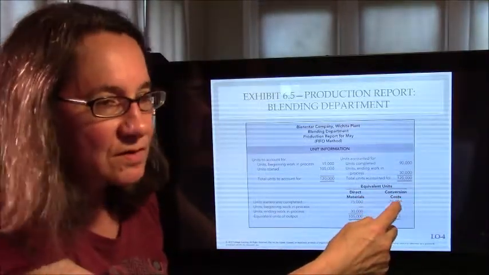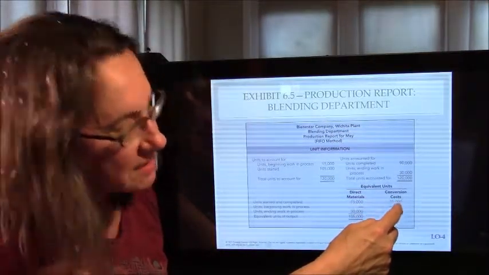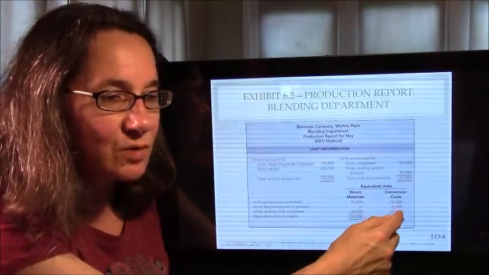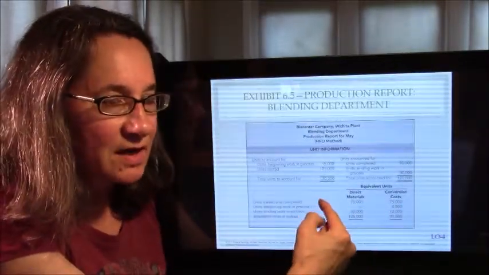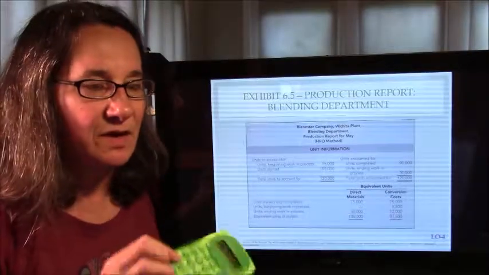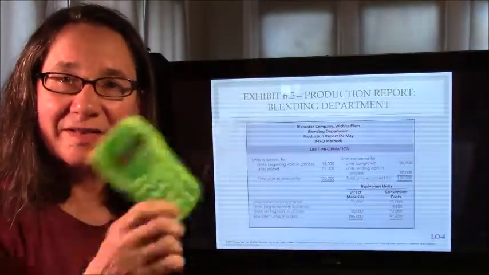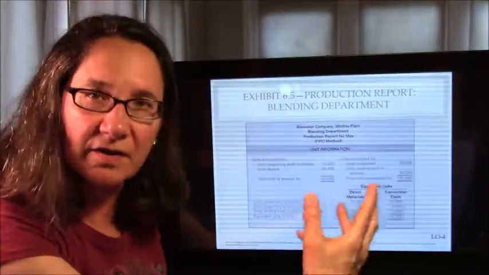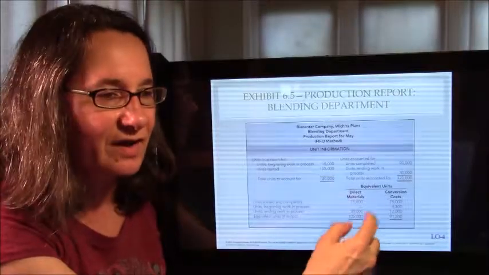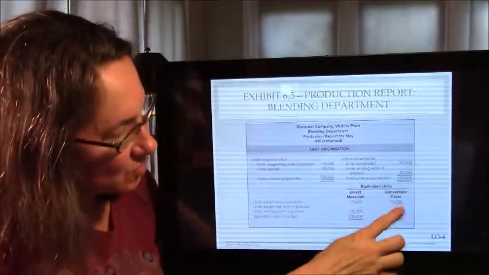You had some units that you started and completed, and then you had some units in work in process that do have conversion costs. The reason there's no beginning work in process for direct materials is because, remember, you pulled all the materials when you started them and they got counted from before. But with the conversion costs, no, you're still working on them. You still have to have your direct labor and your overhead added, and your ending work in process. So you end up with equivalent units.